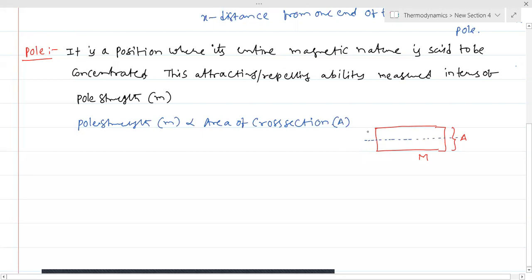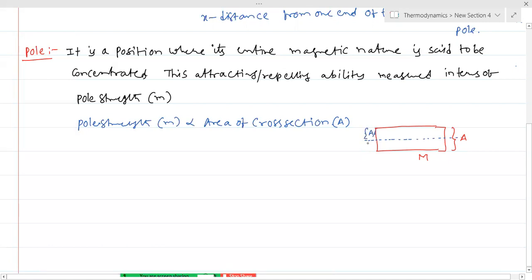Then the small pieces have A by 2 area each, so their pole strengths are M by 2 and M by 2, where M is the original pole strength.